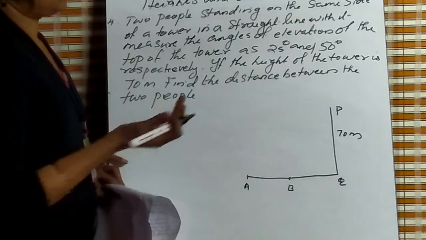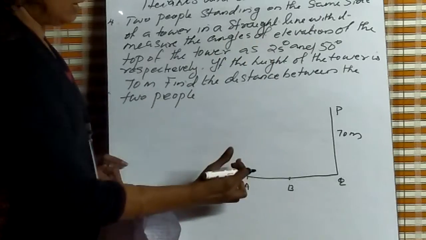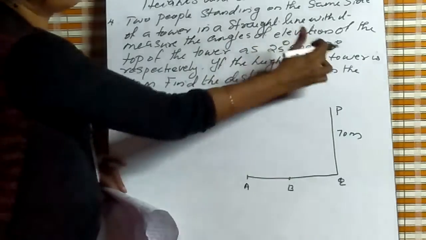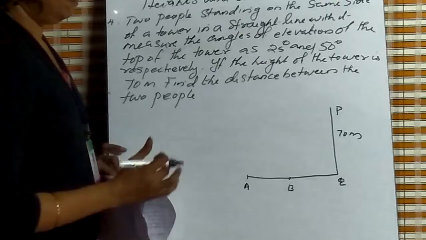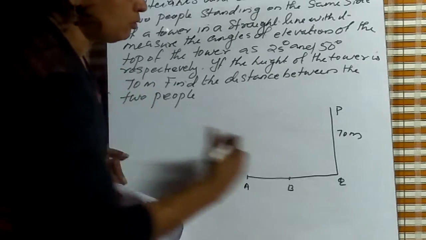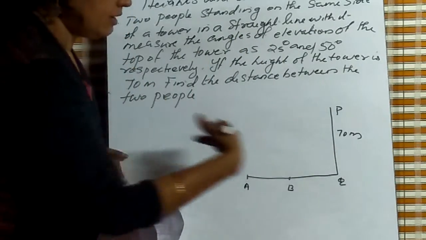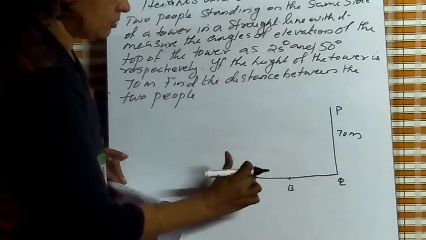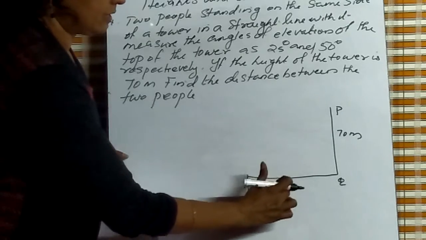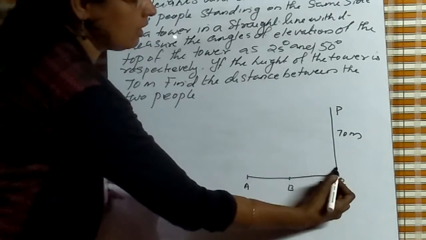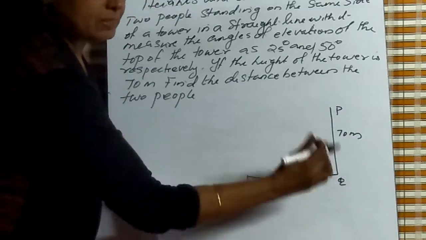Here you have a doubt: which angle do we mark where? When we are approaching the tower, the angle is also increasing. Suppose here 10 degree, 20 degree, 30 degree, 40 degree, and so on. Finally, at Q, this angle is 90 degree.